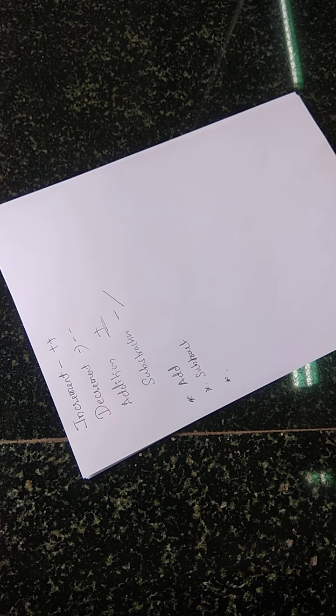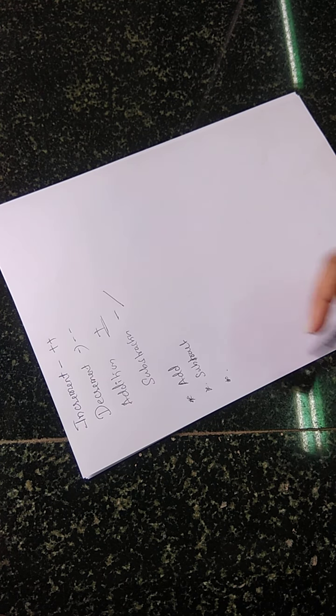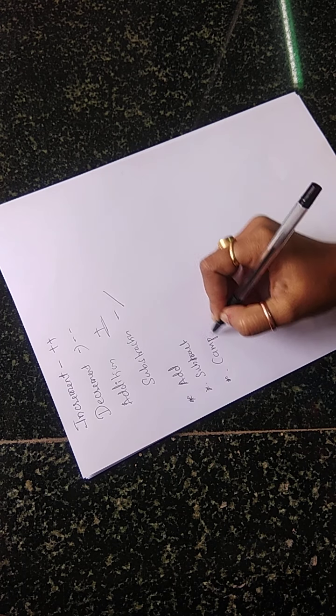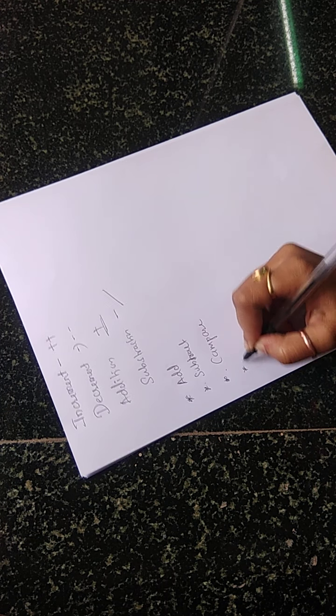Next, coming to the third operation, we can compare two pointers if they point to elements of the same array. Consider there are two pointers and both are assigned to the same array. In that condition, we can compare those two pointers, so the comparison of pointers is possible.